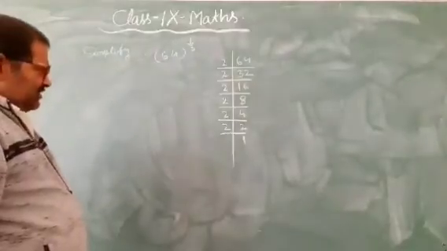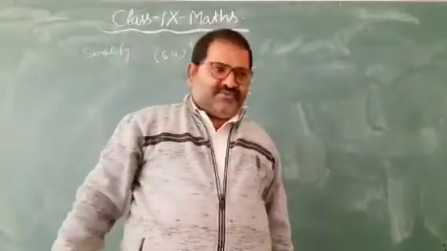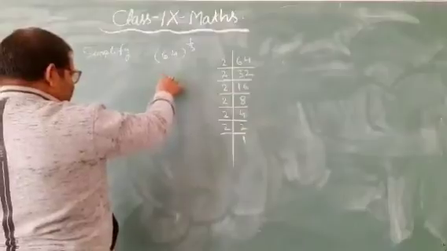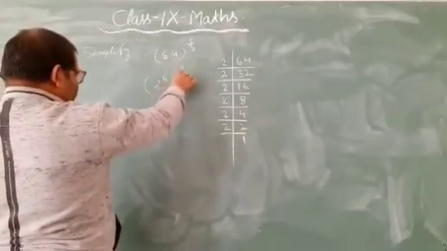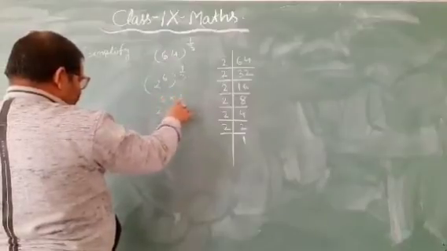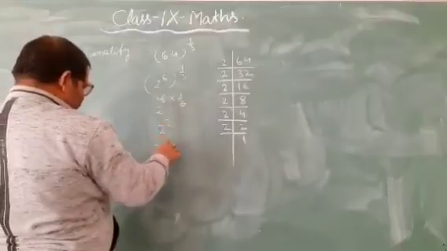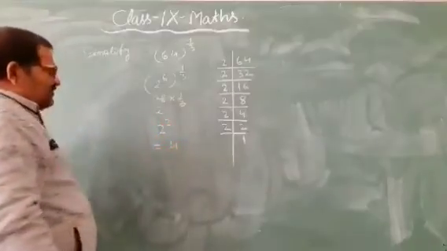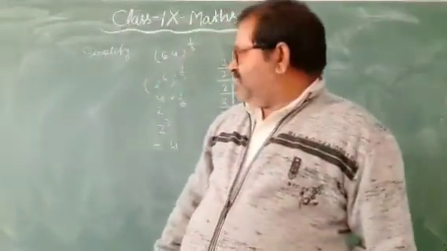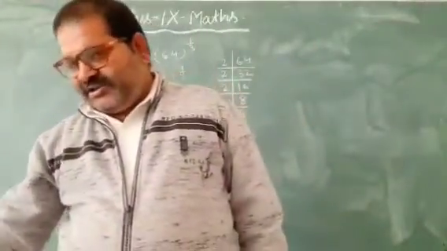So this is the factorization of 64. Now 64 can be written as 2 power 6, whole power 1 by 3, that is 2 power 6 into 1 by 3, so 2 power 2, that's equal to 4. This is the simplified value. Clear? Next question.